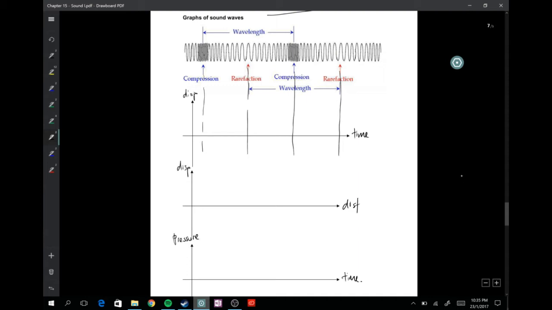Now let me do a hypothesis, with a thought experiment. Now the particles at the point of compression, it's going to be so compressed. Do you think it's able to transfer any energy at this point?